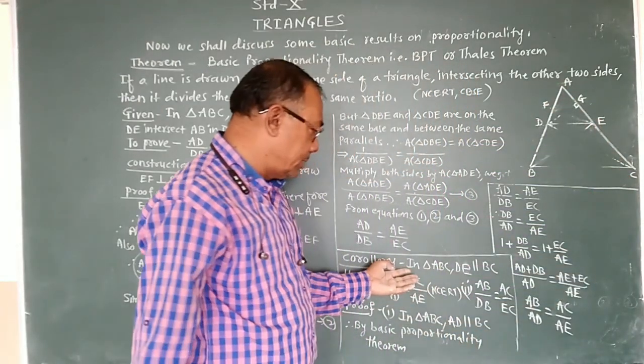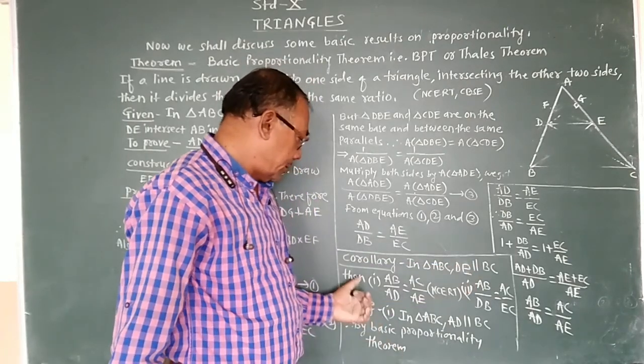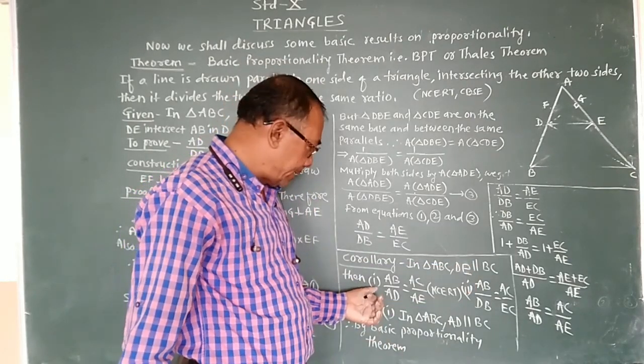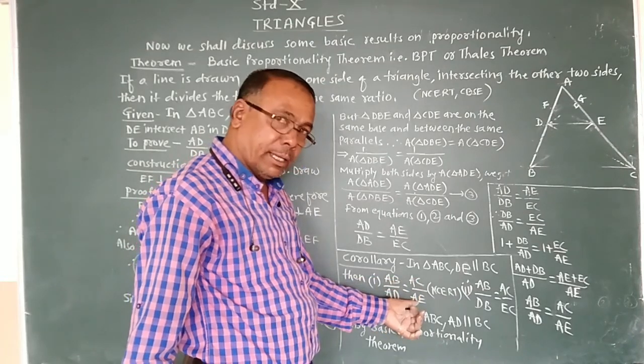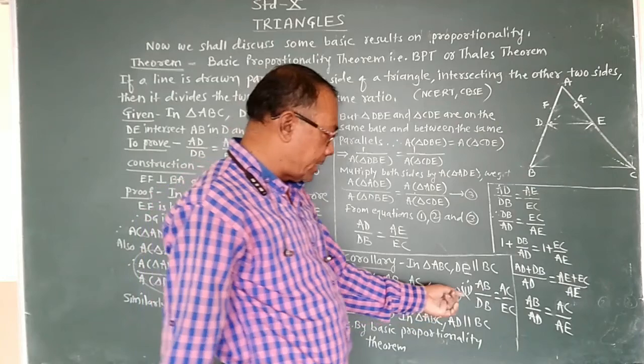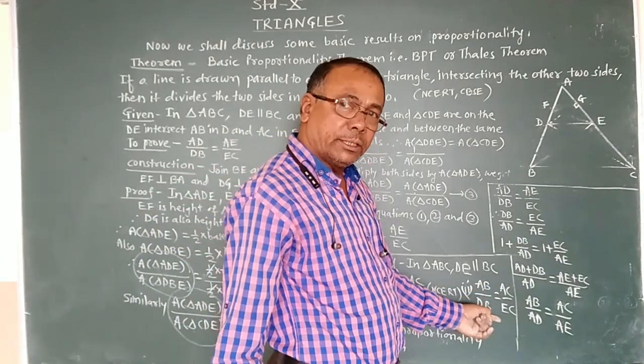Now here it is given that in a triangle ABC, DE parallel BC, then first we have to prove that AB upon AD equal to AC upon AE. This is the NCERT question. And second, AD upon DB is equal to AE upon EC.